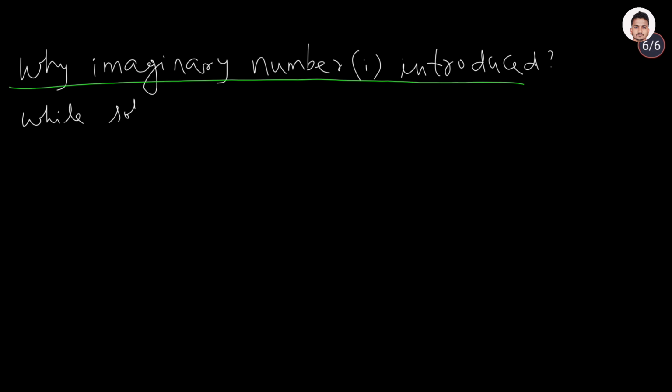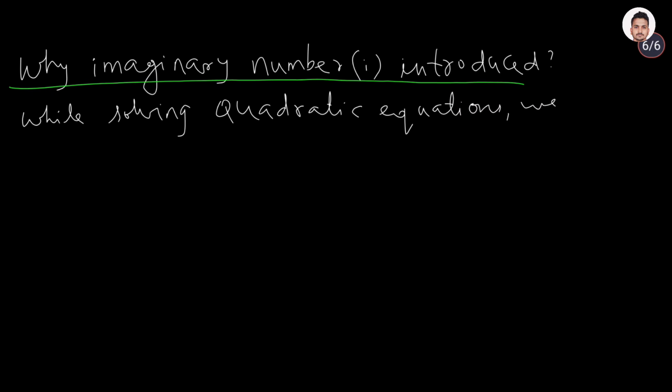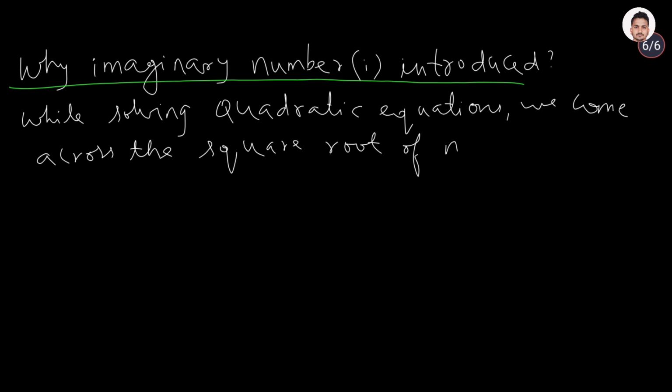While solving quadratic equations, that means ax square plus bx plus c, like that, we come across the square root of negative numbers.